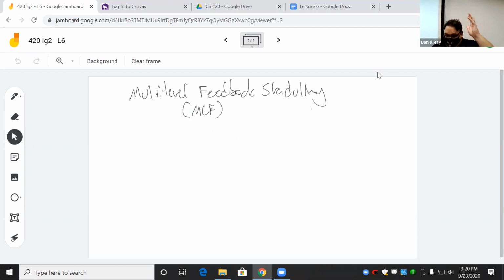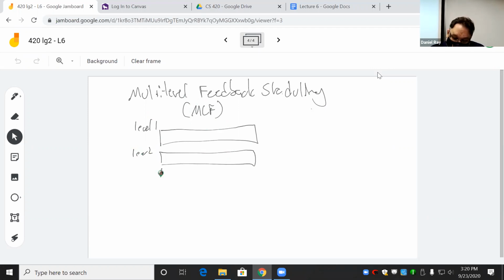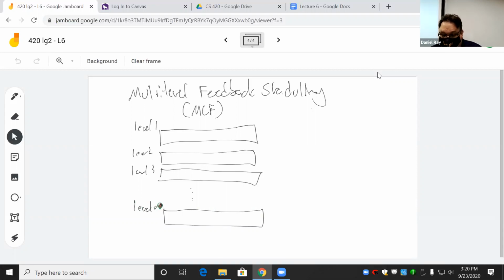So in this case, it looks pretty similar at first blush to multi-level scheduling. We've got, again, the top level, level 1 priority, followed by another queue for level 2 priority, and then level 3, okay, and then however many there are, and then level N priority is down here. Okay.